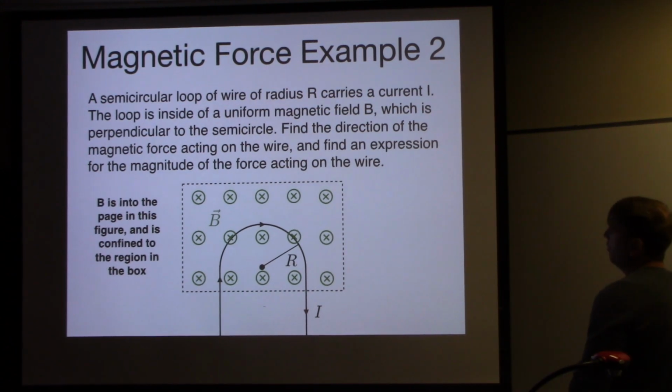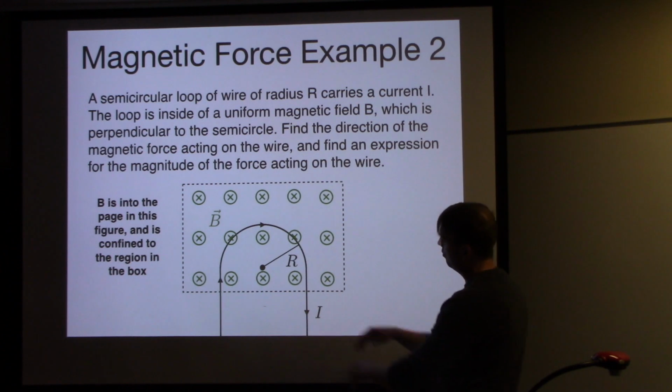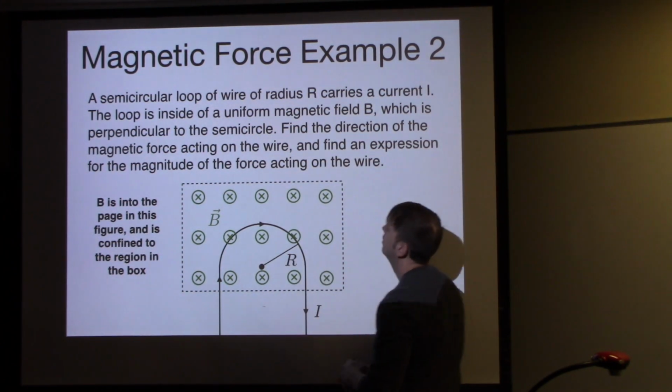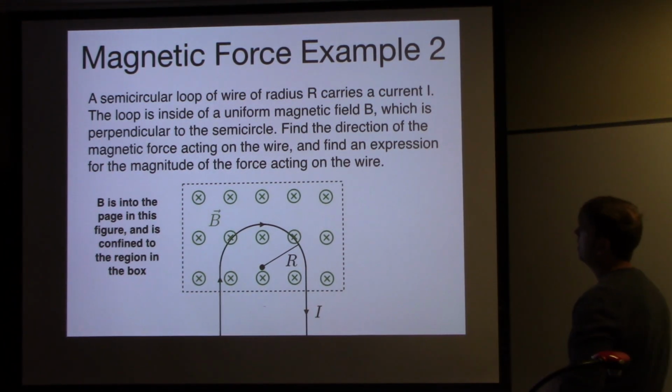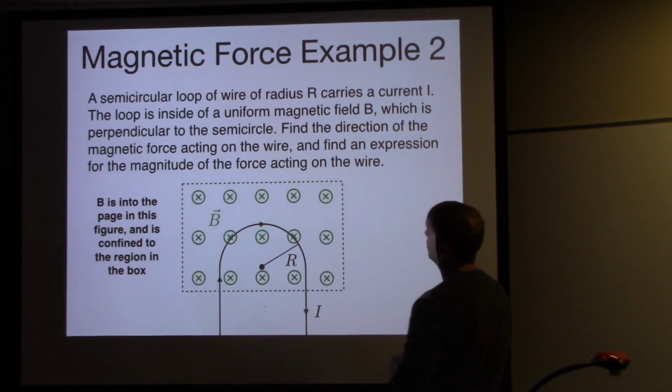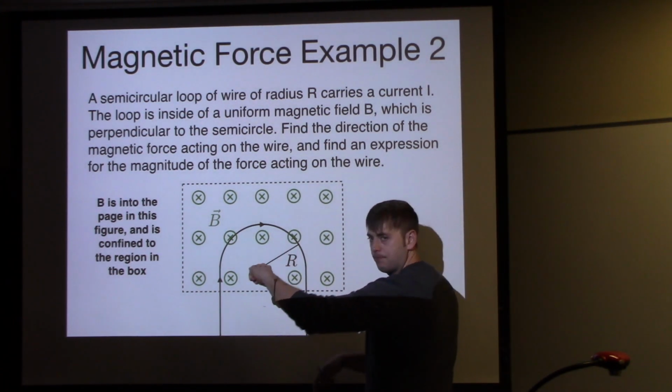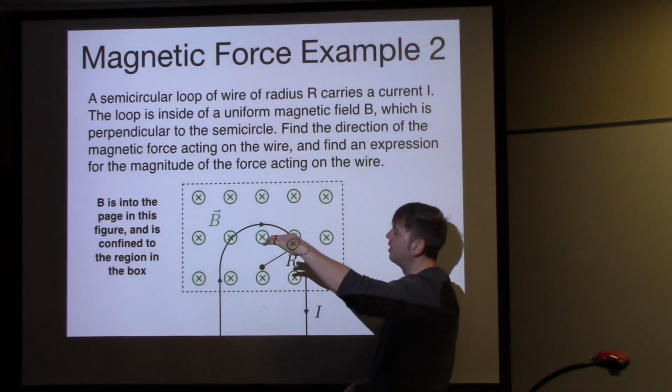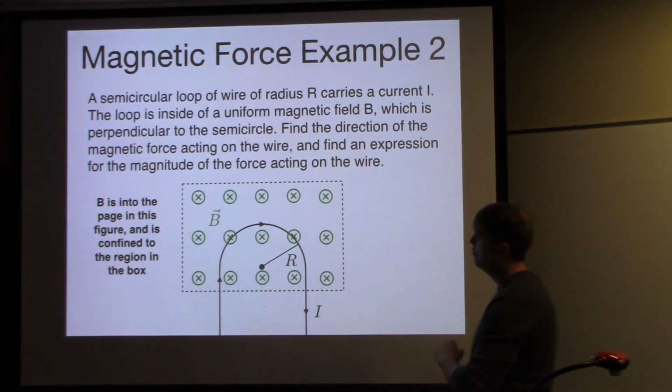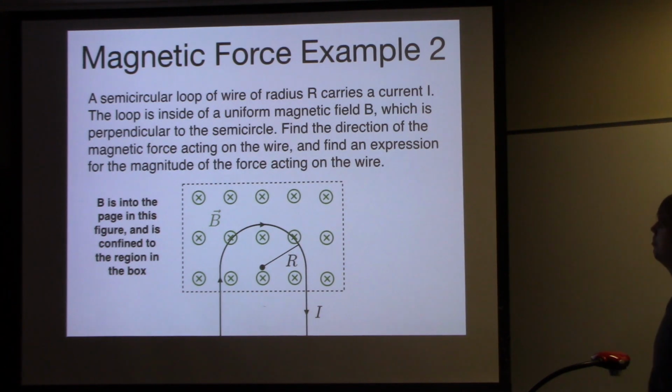And this wire is carrying a current, which we'll call I. Okay? Now this half of a circle, this loop, is inside of a uniform magnetic field, B, which is perpendicular to the semicircle. So in this case, imagine the B field lines are going in to the page, and it's completely uniform. All right, we're going to do two things.